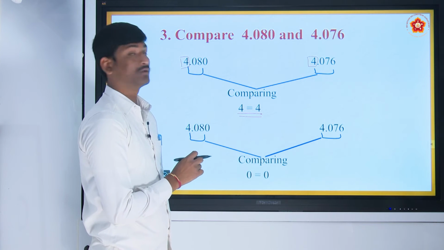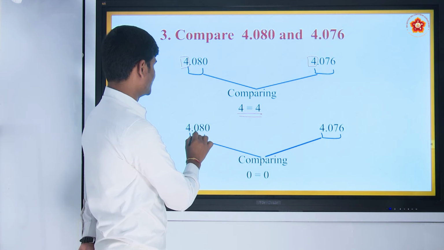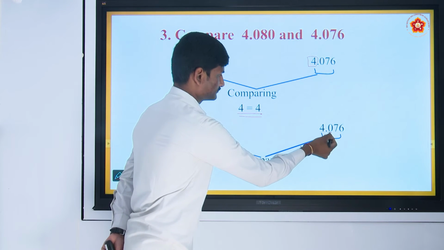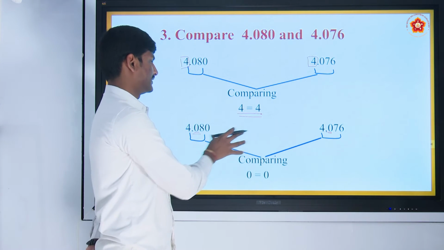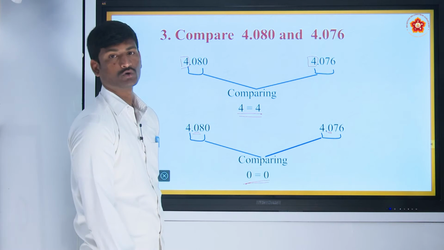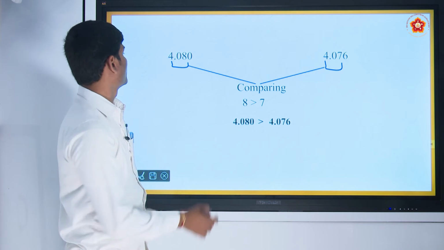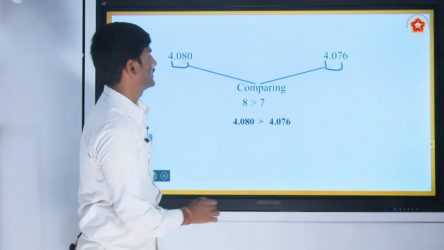Then what do we do? Then we compare the 10th place, 0. The 10th places are also equal, 0 is equal to 0. Then we compare the 100th place.